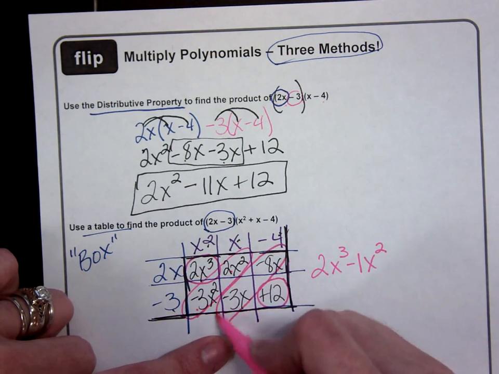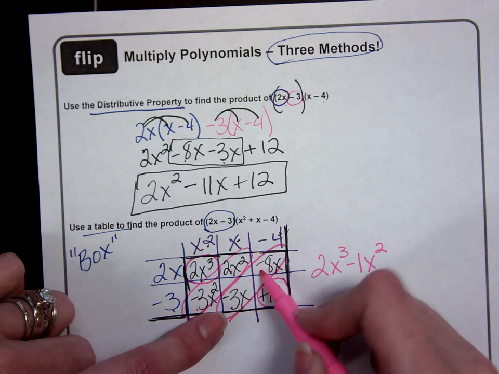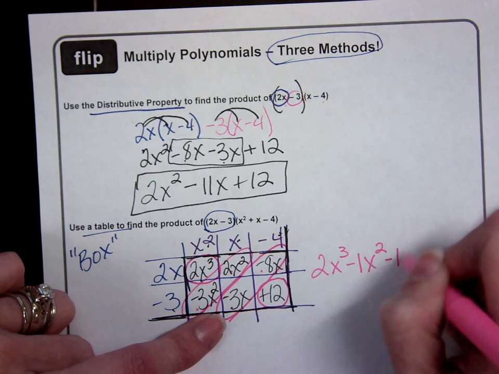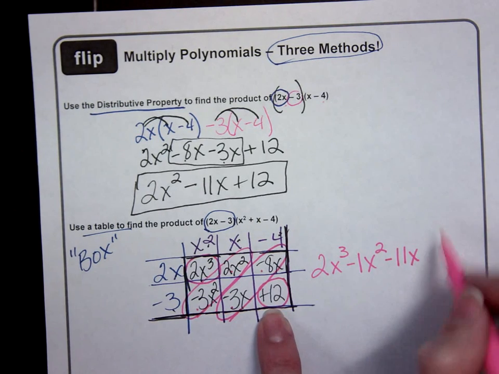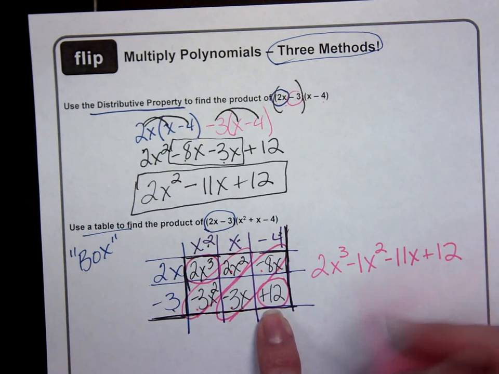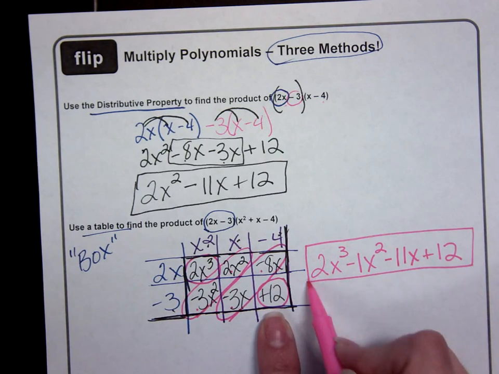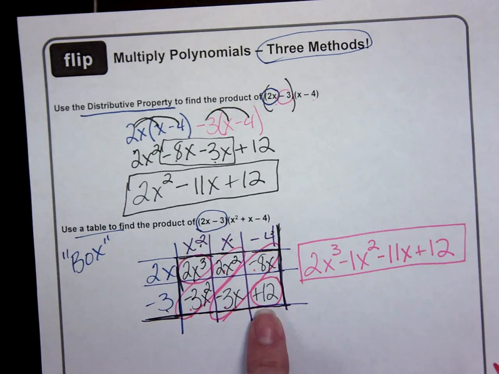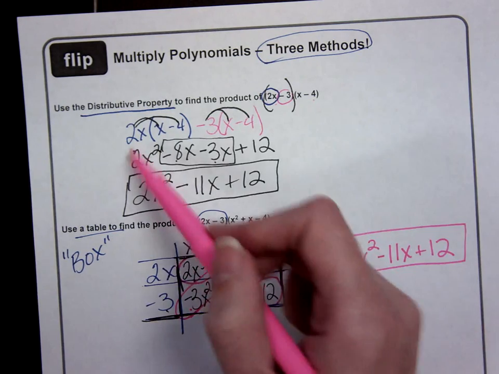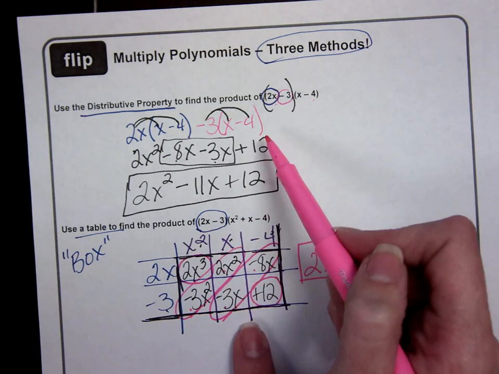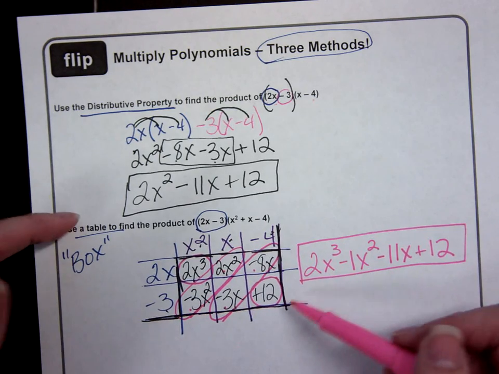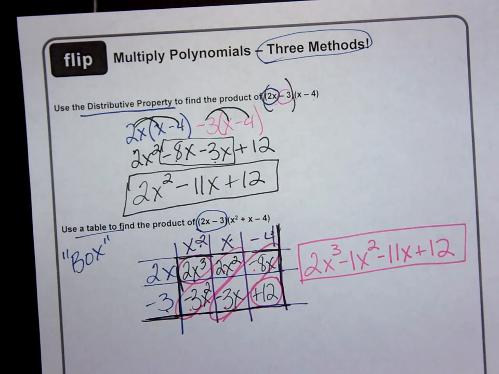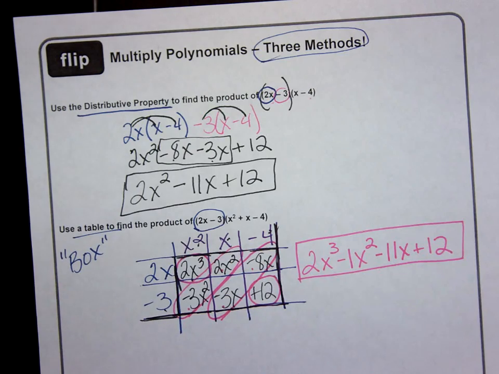Here are my x terms. Negative 3 minus 8, negative 11x, and then there is no like term here, plus 12, and I've written out the simplified version. Especially if you're not willing to draw the distribution lines, the box may help you keep more organized, or the table, we can call it either one. Again, we're going to have you practice both, and then you can choose which one you prefer.